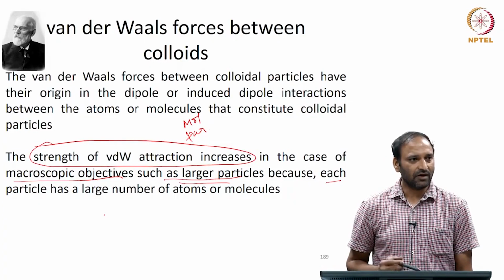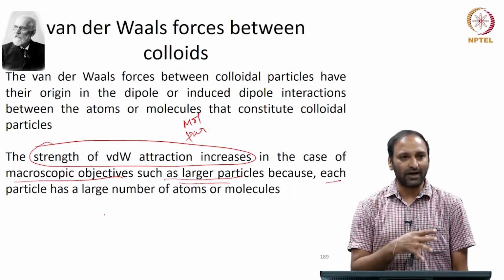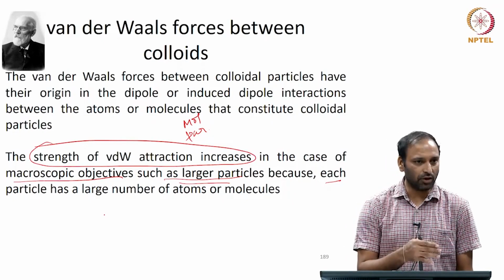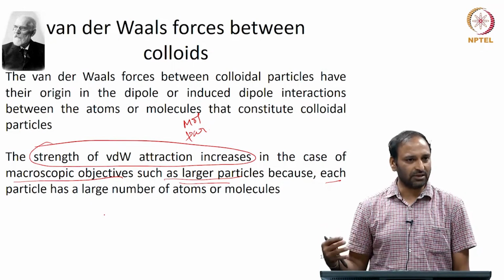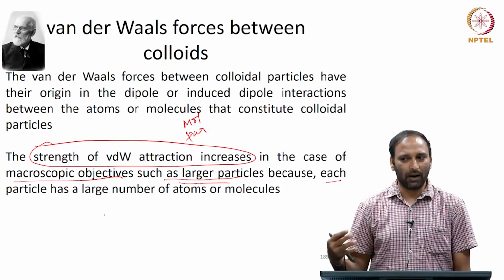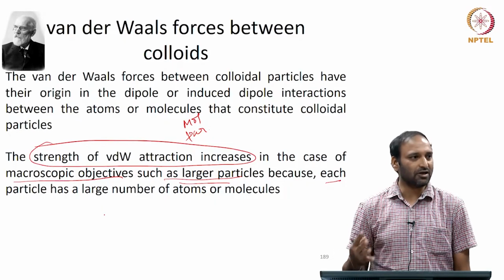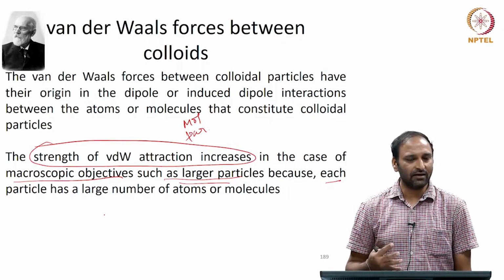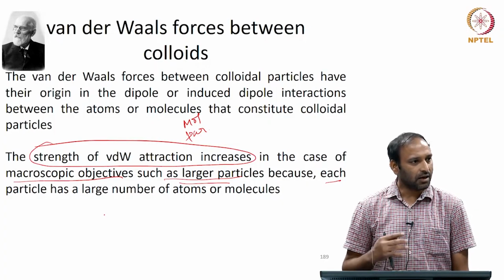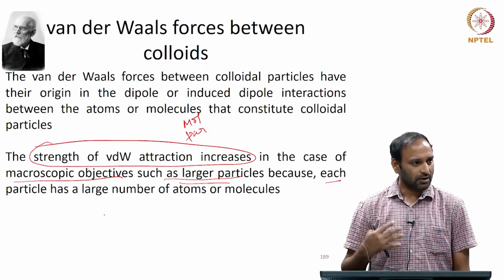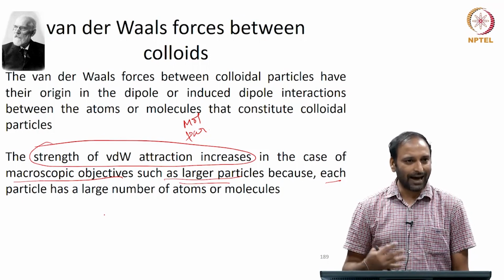That means, if I were to calculate the strength of van der Waals interaction between atoms and molecules and compare that to the strength between two macroscopic particles at a particular separation distance, you will see that the strength for the macroscopic particles is larger compared to that for the molecules and atoms at the same separation distance.